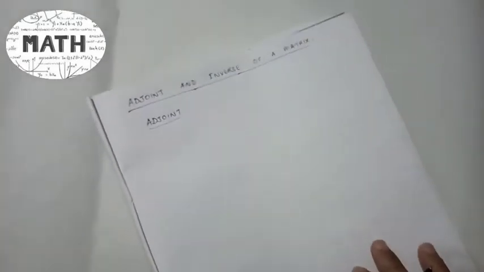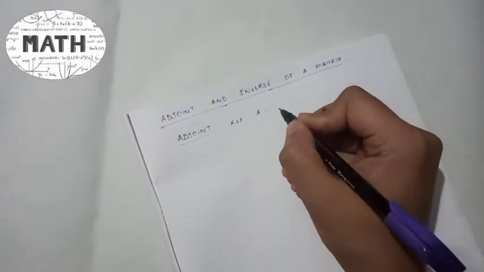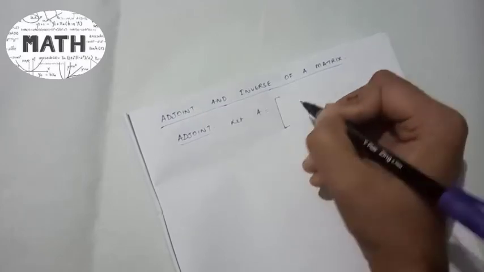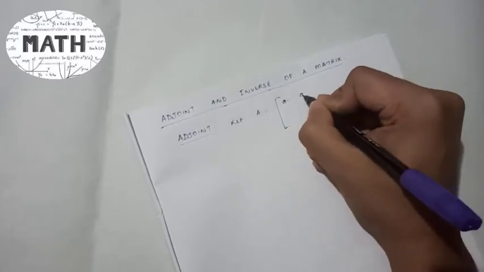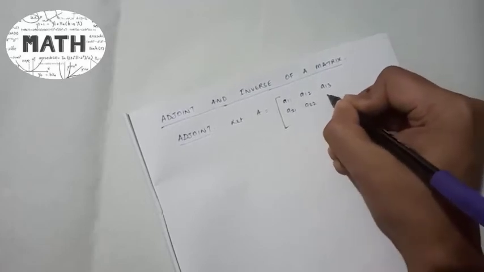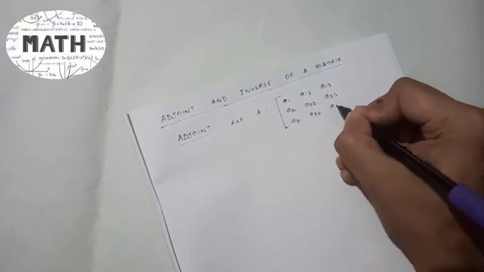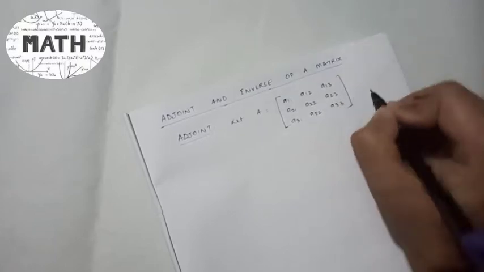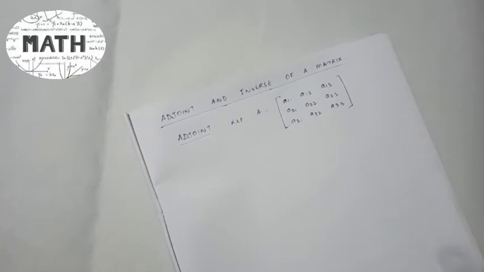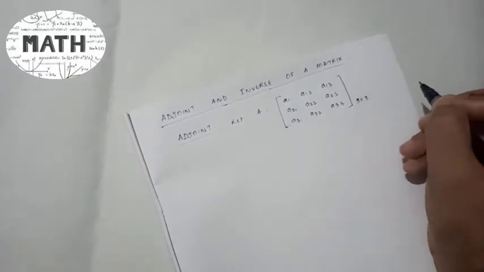So suppose a matrix A is equal to, now remember we're doing a matrix, so always give a matrix sign, A11, A12, A13, A21, A22, A23, A31, A32, and then A33. Suppose this is a matrix of order 3 by 3, that means 3 rows and 3 columns.